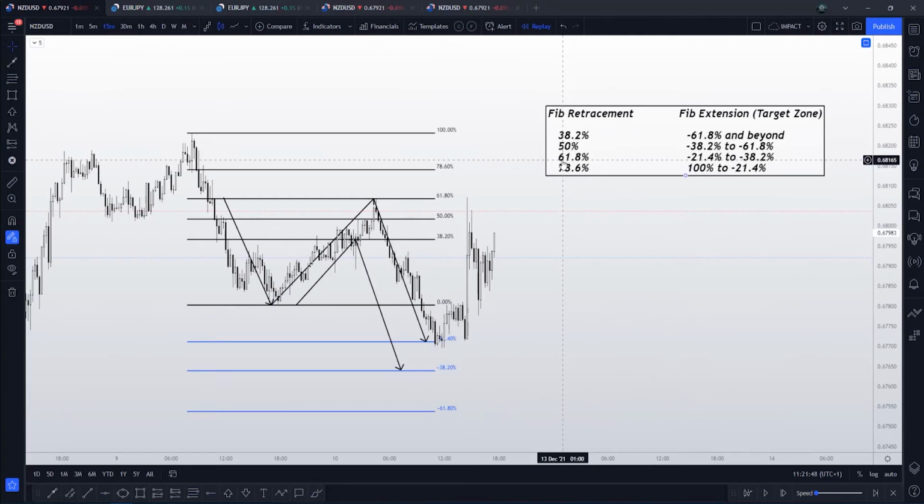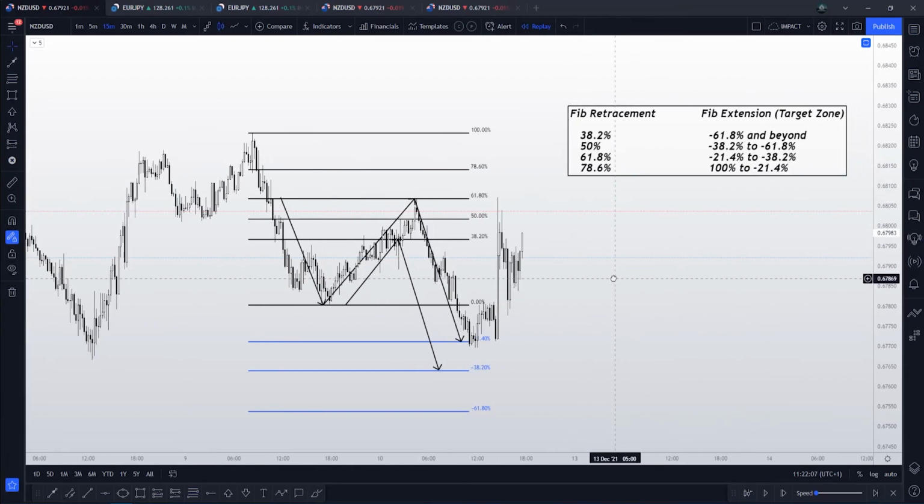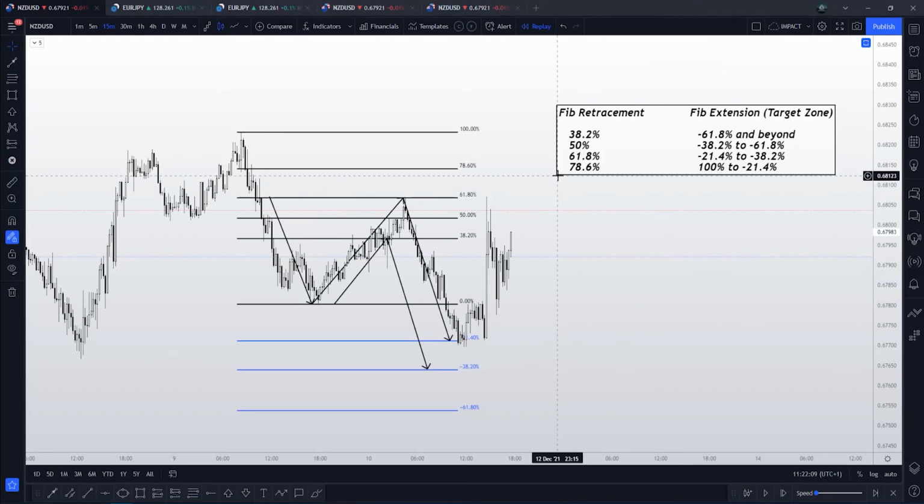A 61.8 Fib retracement then predicts a minus 21.4 Fib extension up to a minus 38.2 Fib extension. A 78.6 Fib retracement then predicts a 100% up to a minus 21.4%. Now these are just some rules of thumb. Of course the market isn't that black or white, but at least you have something to hold on to.